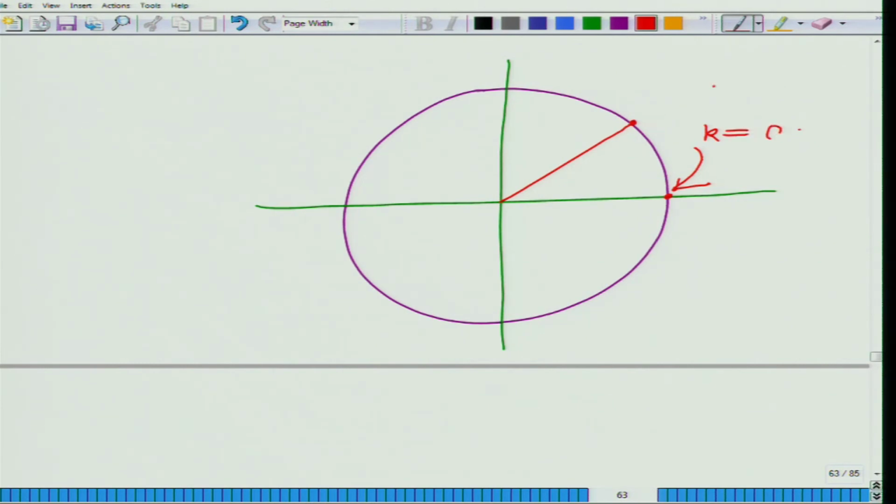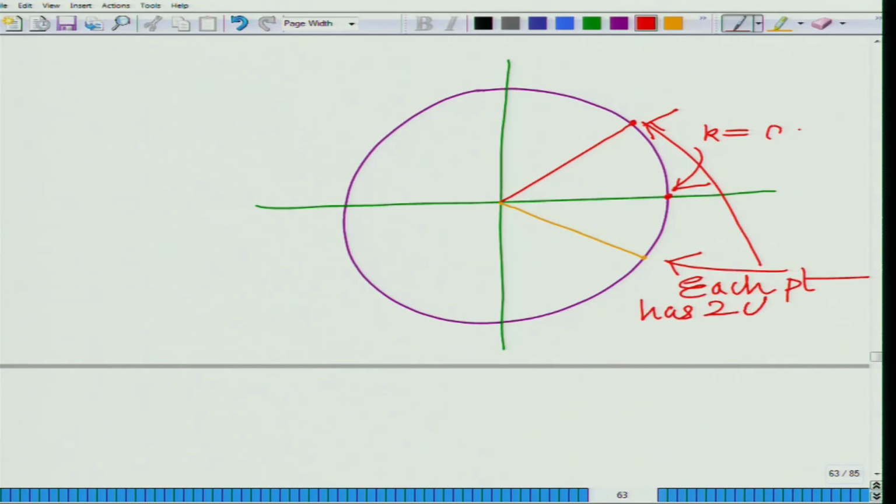Remember, phase is 0. Now, each constellation point has two closest neighbors.